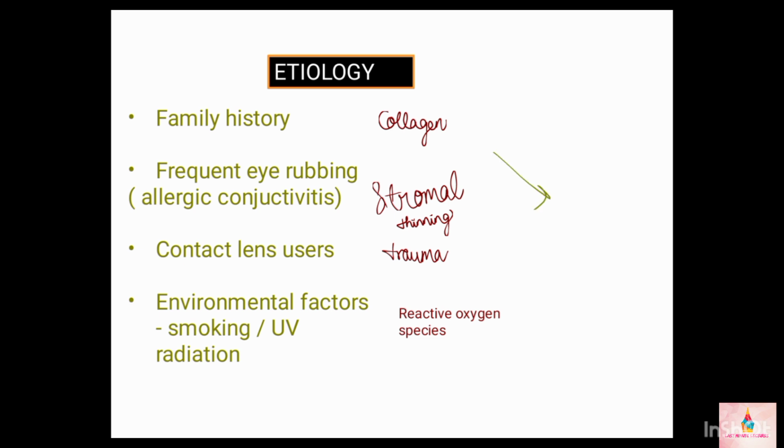So all these conditions, changes in collagen, stromal thinning due to eye rubbing or contact lens, and all these environmental factors, lead to extracellular matrix degradation, along with a loss of collagenous lamellae. All these conditions finally lead to keratoconus.